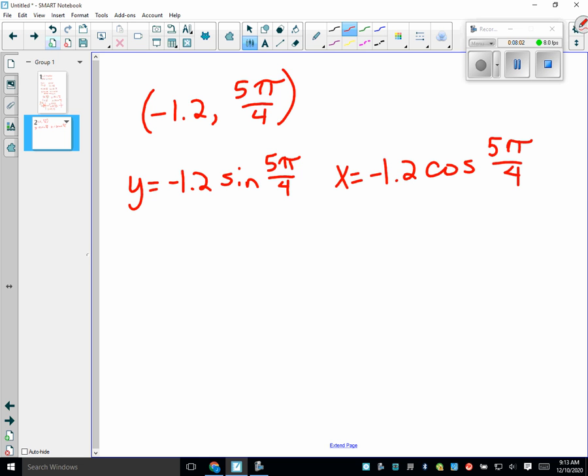So negative 1.2 times negative radical 2 over 2, which is, by the way, 0.6 radical 2, negative. Cosine of 5 pi over 4 is negative radical 2 over 2, the same thing.